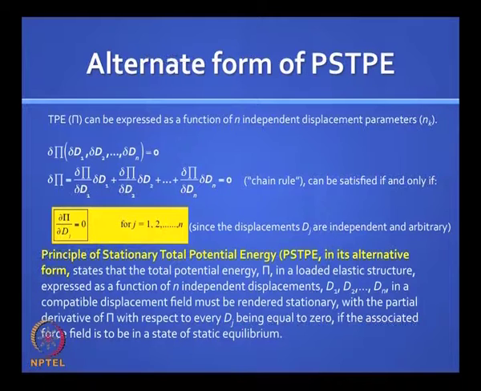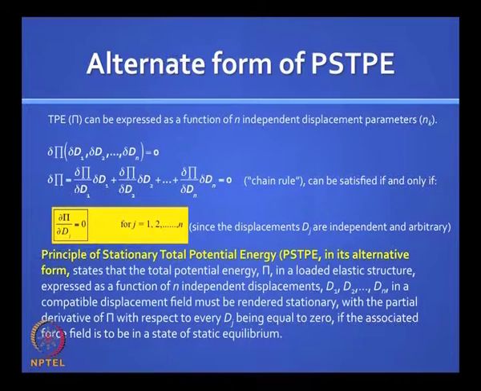Now the word stationary in calculus refers to a point of inflection, okay. It could also be a maximum point, it could also be a minimum point of the function for which you are taking the partial derivative.